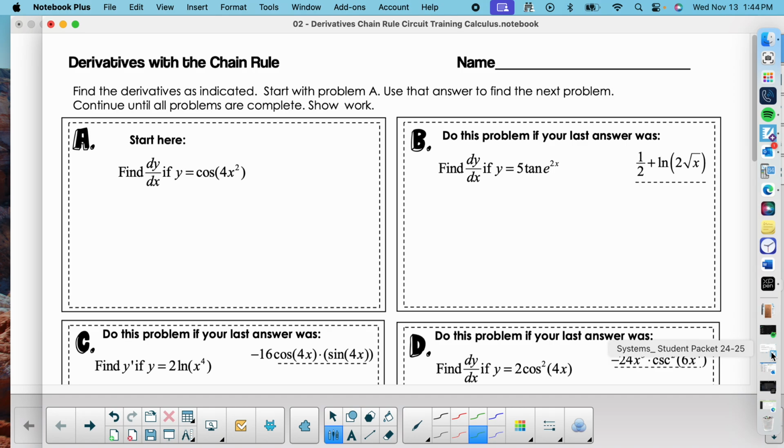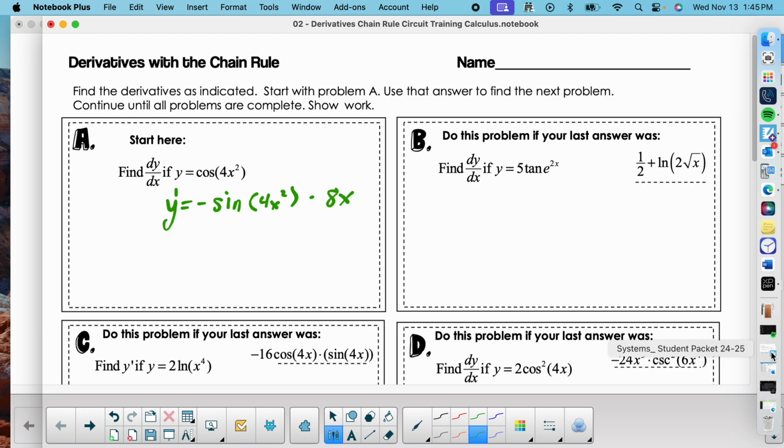Okay, so we're gonna do the very first box, and we're gonna come up with the answer. I would bet some of you are at the stage where you can do some of these chain rule in your head now, rather than write the parts down. So derivative of cosine, negative sine, write the exact same parentheses, and then multiply by the derivative of the parentheses, so in this case, 8x.